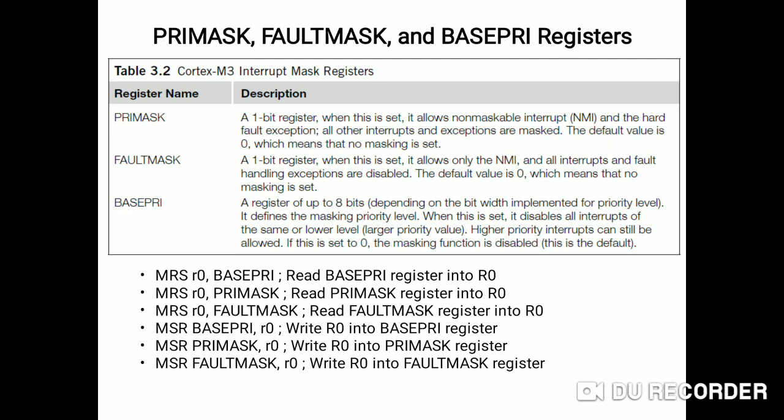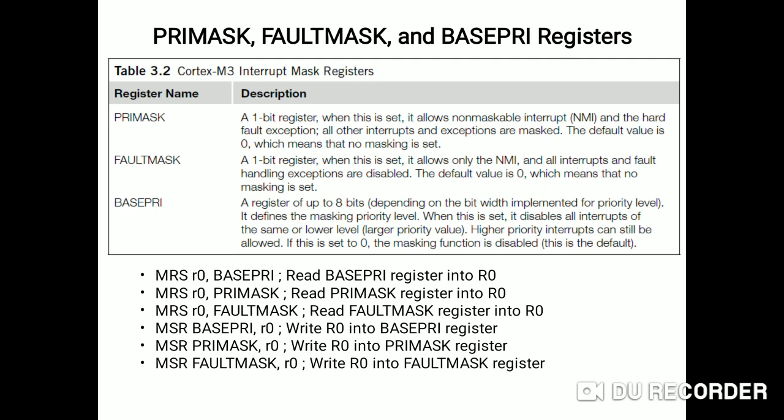So in assembly language, MRS and MSR instructions are used. For example, MRS R0, BASEPRI will copy the content of BASEPRI into the R0 register. Next is MRS R0, PRIMASK, this will copy the content of PRIMASK into R0. Next is MRS R0, FAULTMASK, copy the content of FAULTMASK into R0.